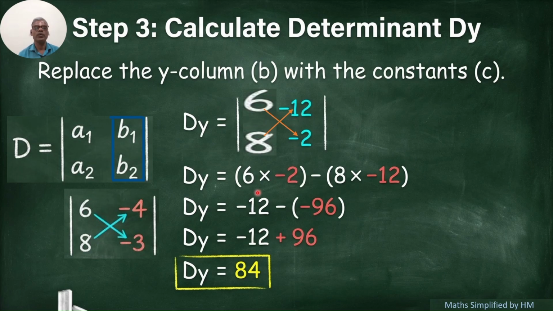Simplifying, we get 6 into minus 2 minus, in bracket, 8 into minus 12. We get Dy is equal to minus 12 minus, in bracket, minus 96. Simplifying, we get minus 12 plus 96. Further simplifying, we get Dy is equal to 84.